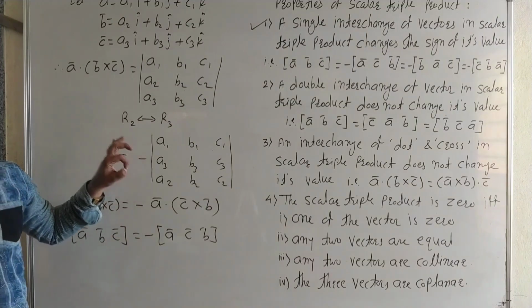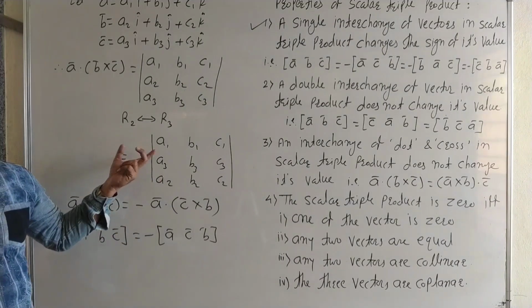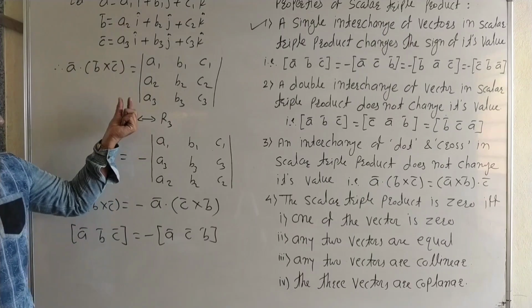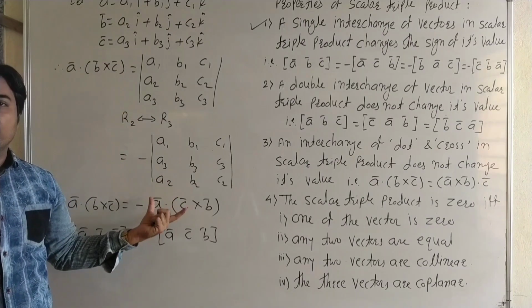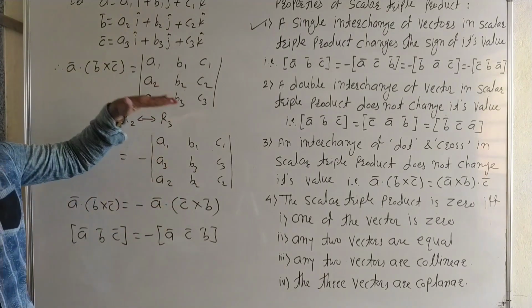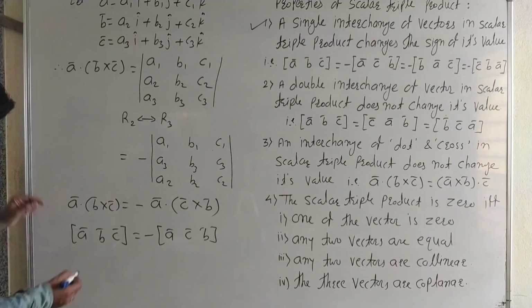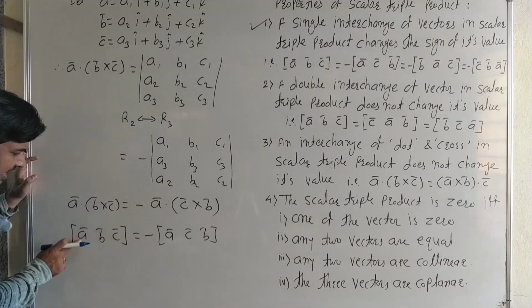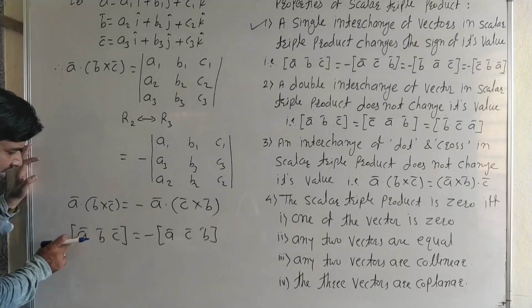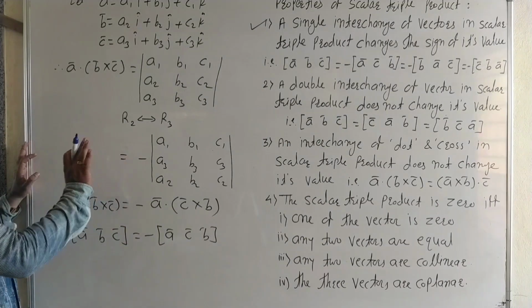See carefully, we use the property of determinants: a single interchange of vectors changes its sign, whether we interchange A and C, or A and B.